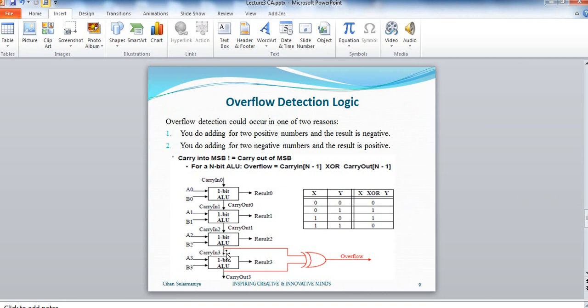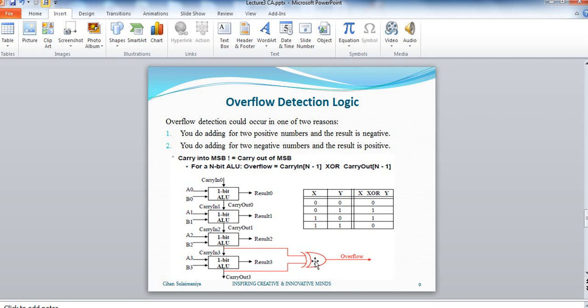For the carry out on the most significant bits, the carry out of the third full adder, you do XOR with the last carry out, from the fourth full adder.